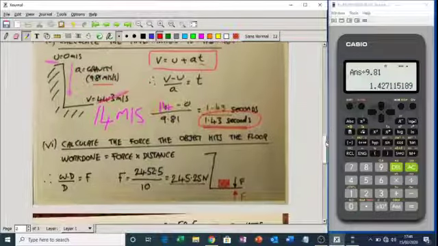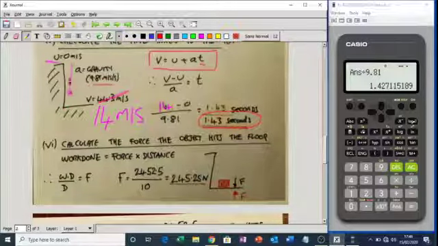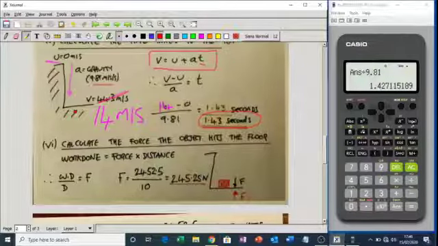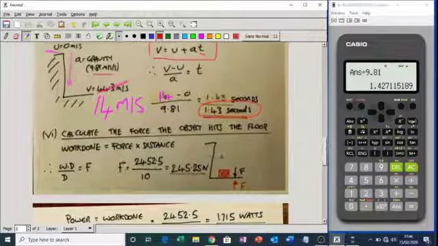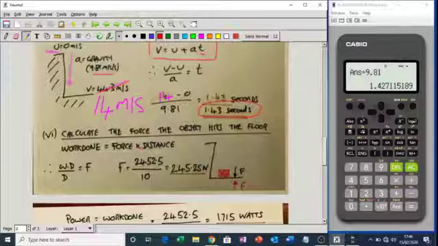And the next thing we can do is, this object falls, and when it hits the floor there'll be a noise and there'll be vibration and sound and heat. That's due to the force of impact. We can work that out. So calculate the force the object hits the floor with. We know that work done, which is energy, is force times distance.